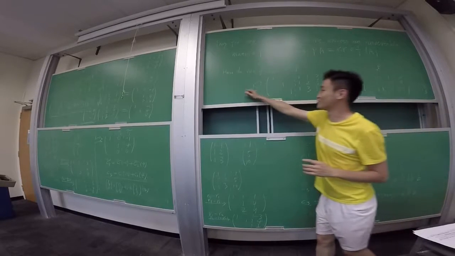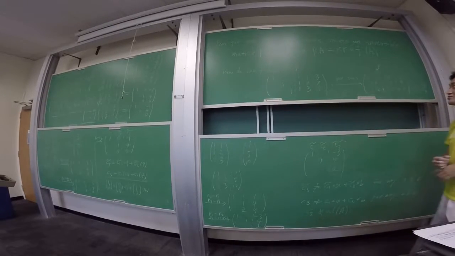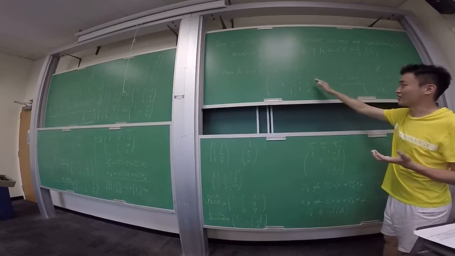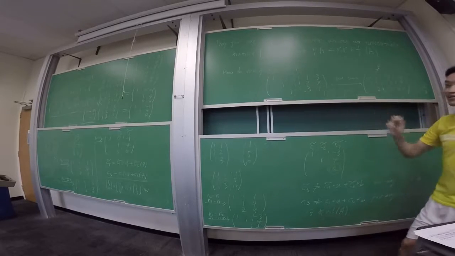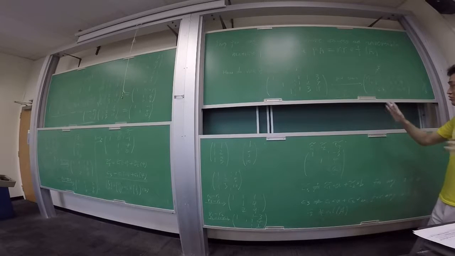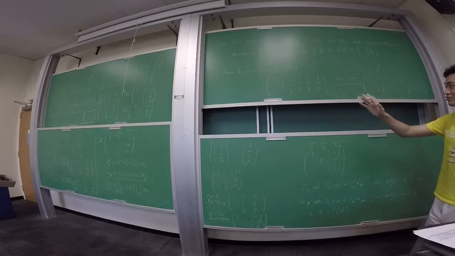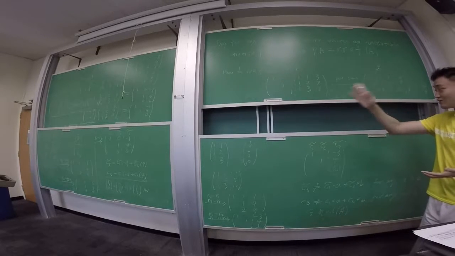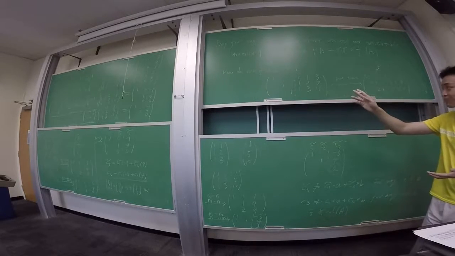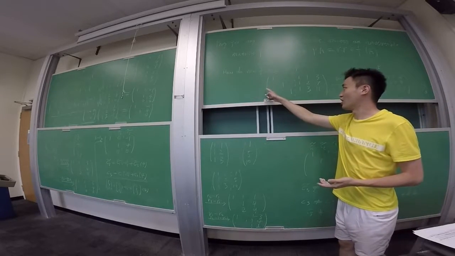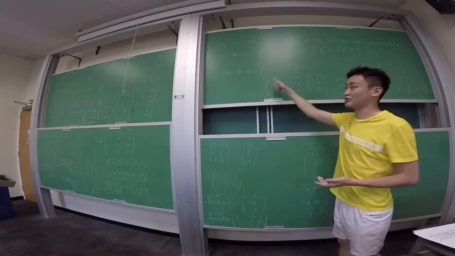So there are two ways to think about this fact. The first way is that when you're doing row transformation, your action has already been recorded over here. And the second way of understanding this is that when you do row transformation, it's the same as left multiplying some matrix P. And when you left multiply the matrix P, by the block matrix multiplication, this P will also multiply on this unit matrix, right?